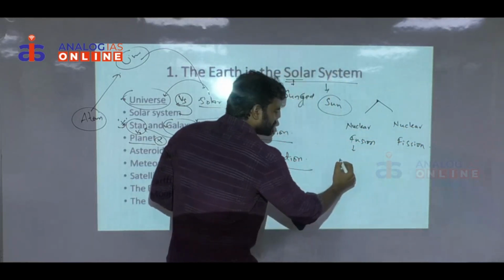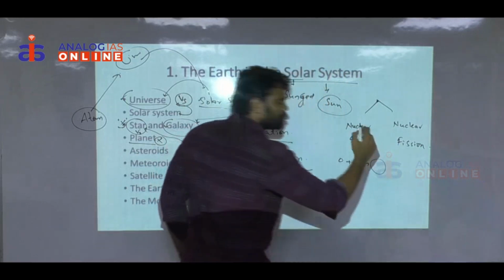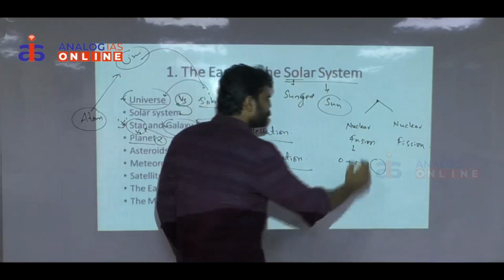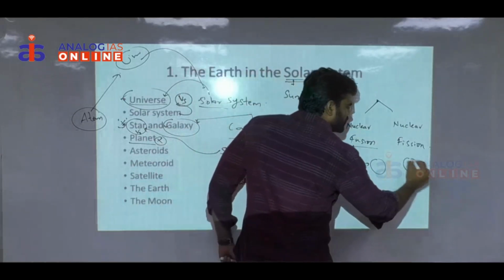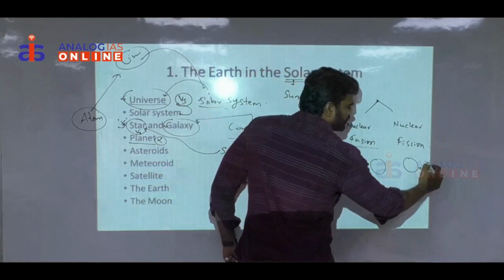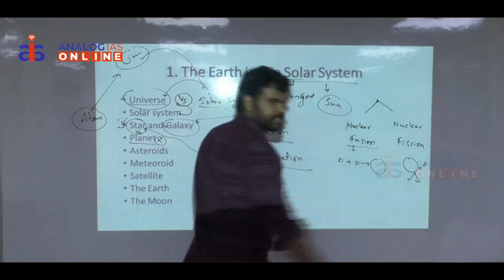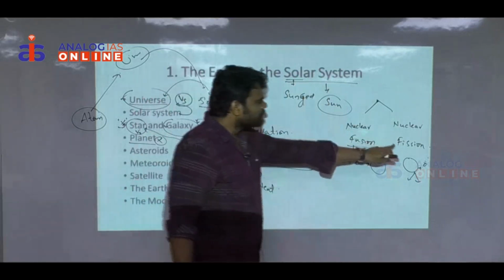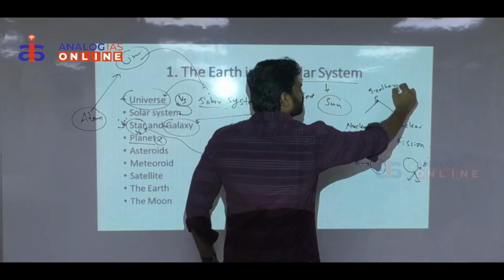Nuclear fusion in the sense, two small elements are added in order to form the bigger one. They are getting fused. Fission in the sense, one bigger element would be bombarded with the smaller one so that it gets disintegrated. Both of these reactions are exothermic reactions.